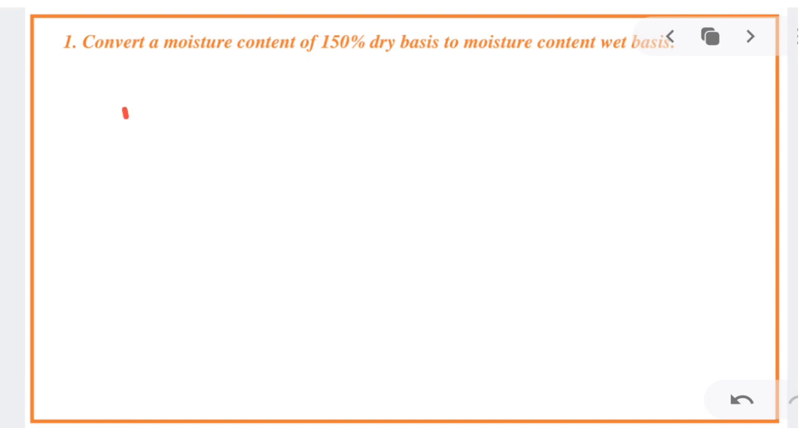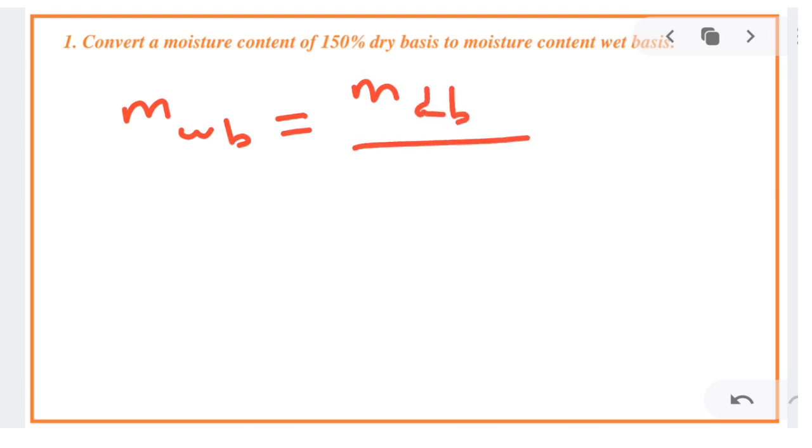So we know that moisture content on wet basis is equal to moisture content on dry basis divided by 1 plus moisture content on dry basis. If we are using this formula, you should substitute the values in decimal.